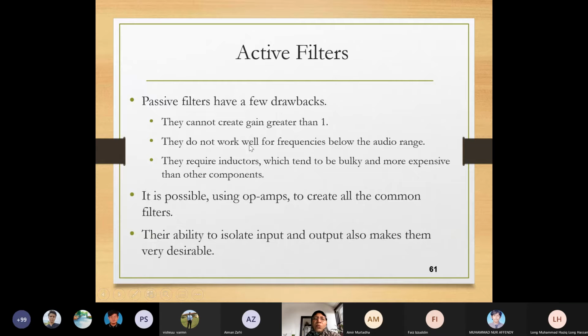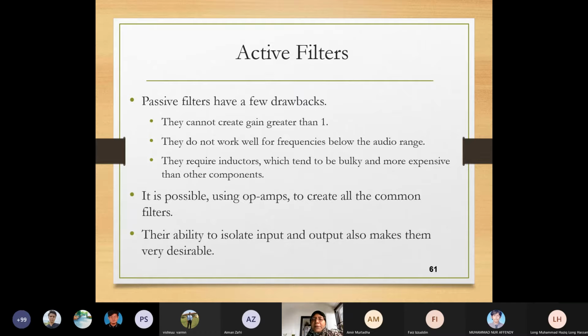They do not work well for frequencies below the audio range. They require inductors, which tend to be bulky and more expensive than other components. It is possible to use op-amps to create all the common filters, because with an op-amp filter, you can have amplification behavior. At the same time, you have the process of filtering.